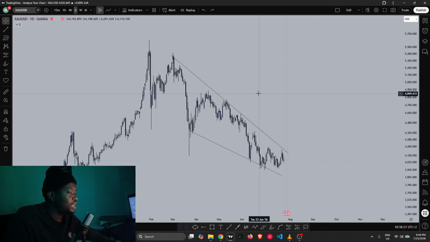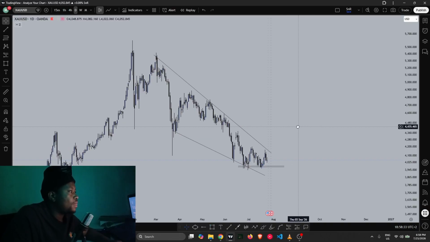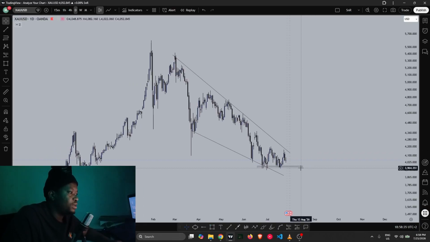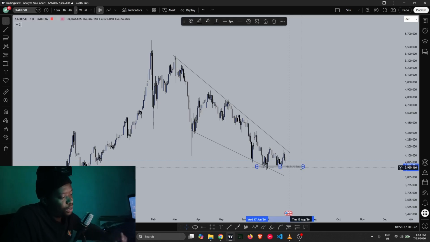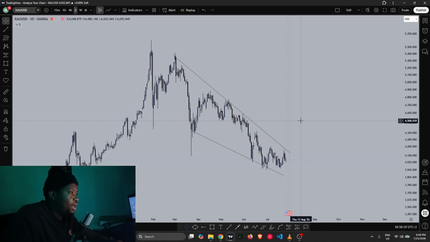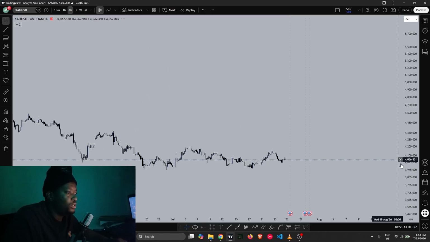So for the sense of our swing trading, we're not going to be taking such a trade. So this is already the thing that I see on the higher time frame, the daily time frame. And then you can see this support around here, but I don't really use support and resistance that much. I rely mostly on trend lines.